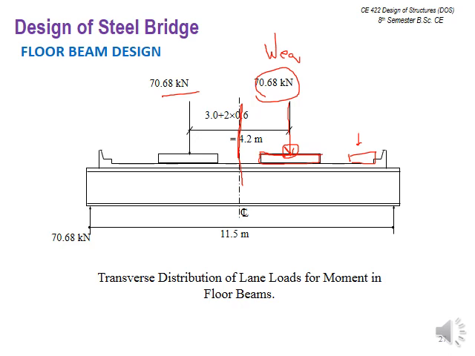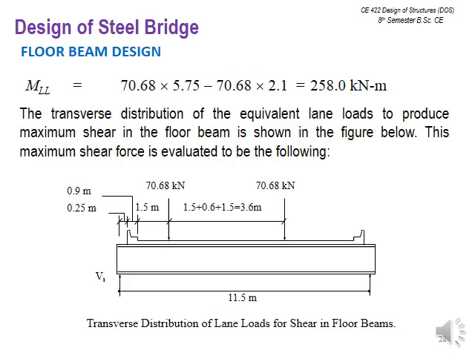So it will be the standard and it will be fixed. The lane load moments you can calculate similarly by considering the simple equations, so you are getting 258.0 kilonewton meters.